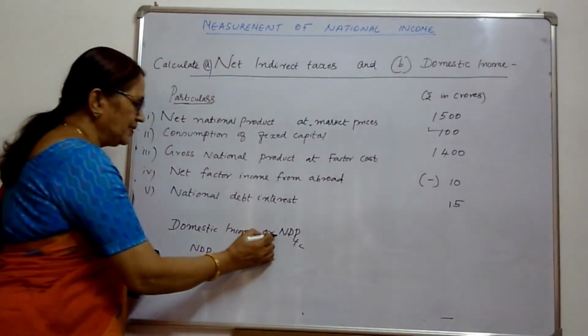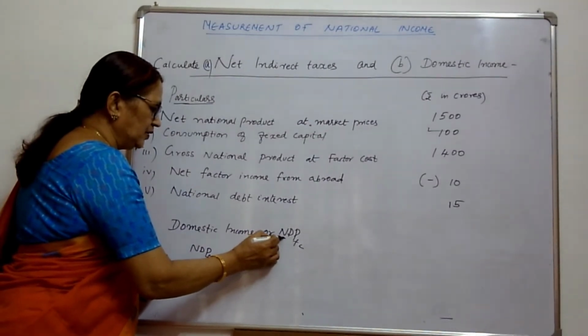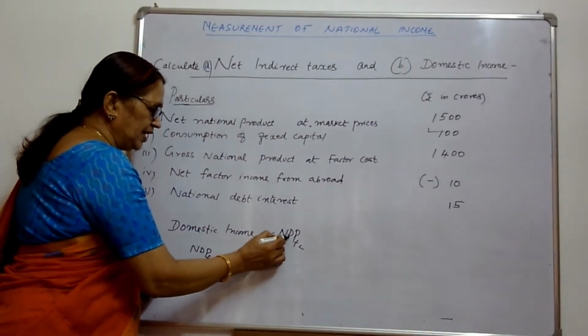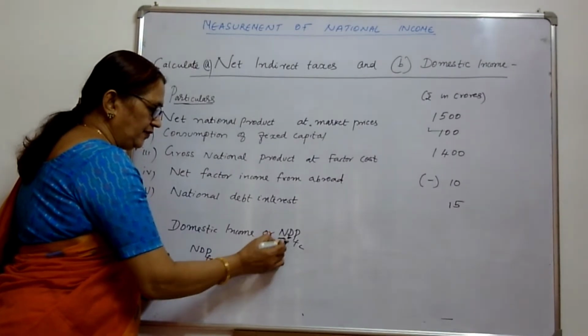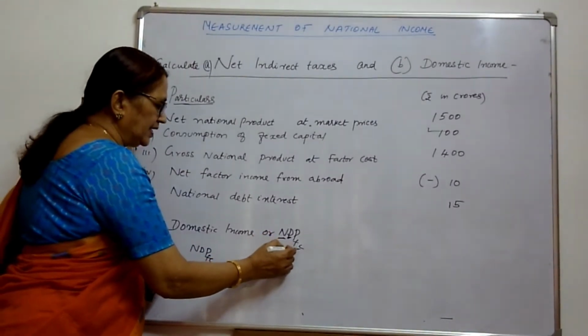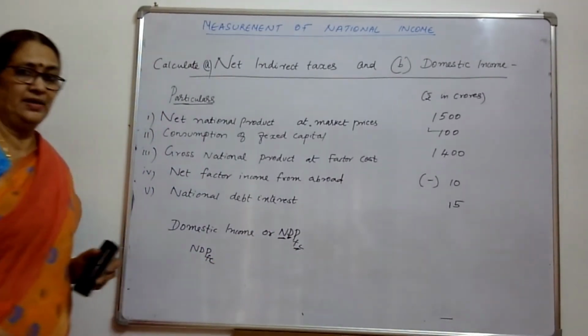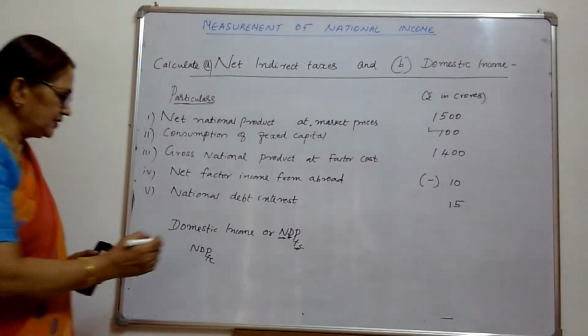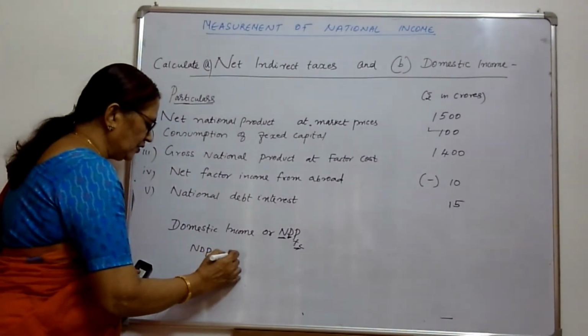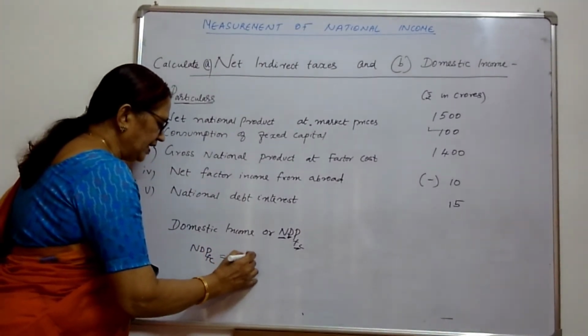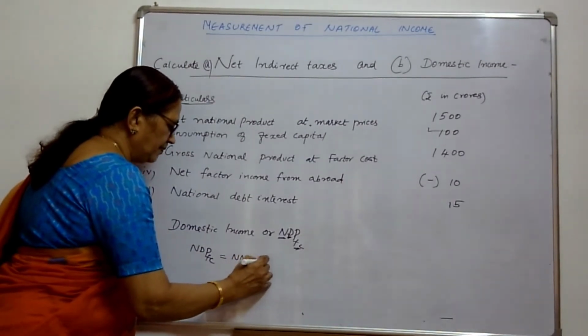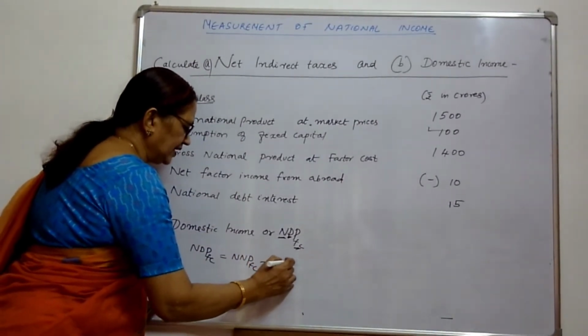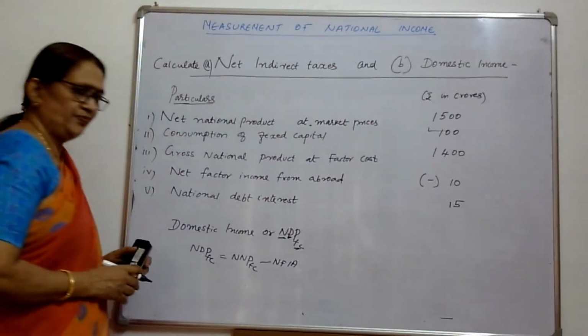So domestic income does not include depreciation value, it does not include net factor income from abroad, it does not include market prices. So NDP at factor cost is equal to NNP at factor cost minus net factor income from abroad.